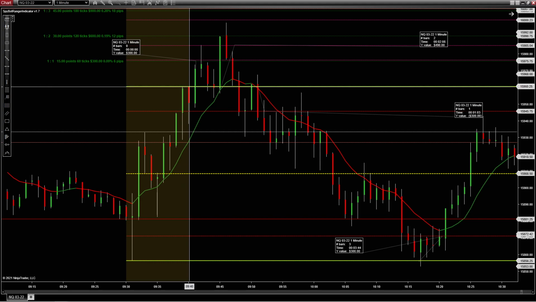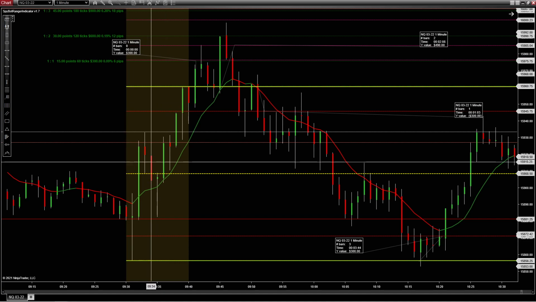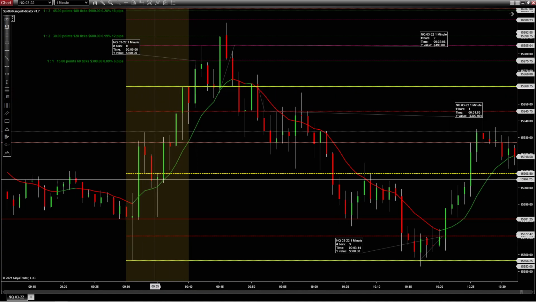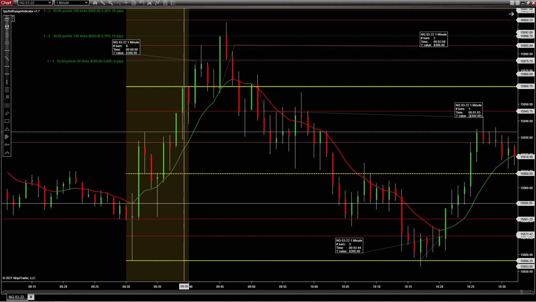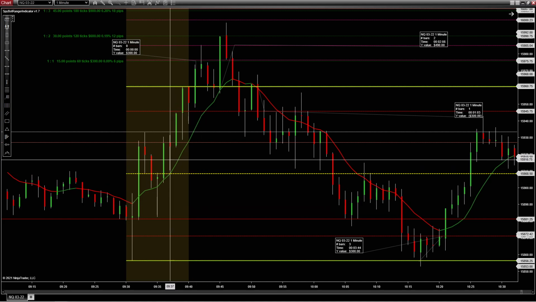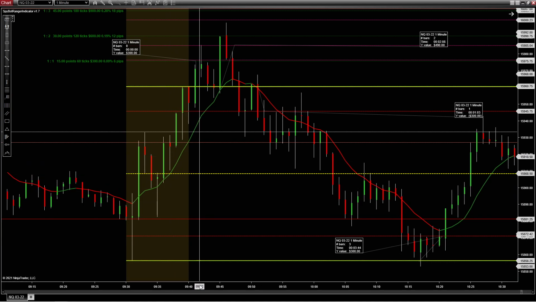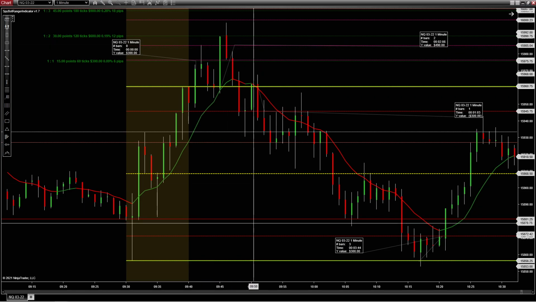At 9:40, it double topped it. And then after 9:40, it ran through. So that's how we get our yellow lines. It's our opening range from 9:30 to 9:40. Yes, you can change that. If you wanted to have a 15-minute, a 5-minute, 20-minute, whatever you want, you can change that in the settings. The 10-minute seems to work pretty good, and it takes off.